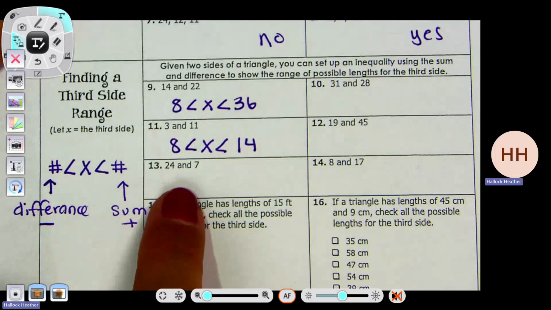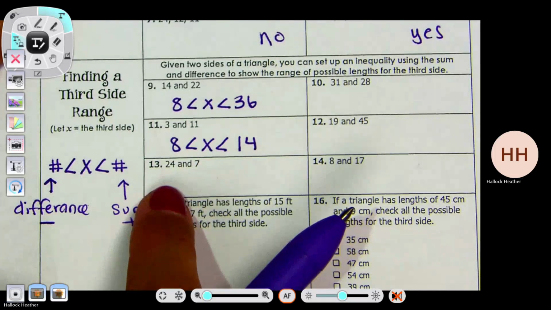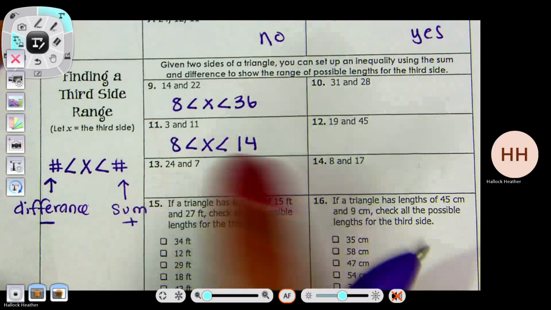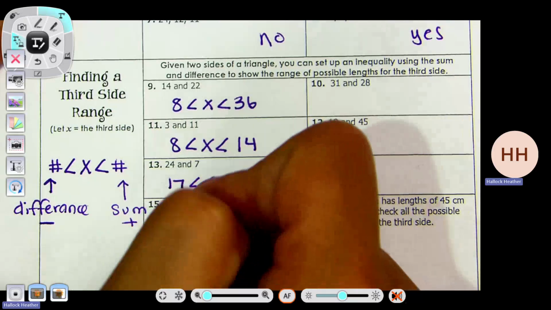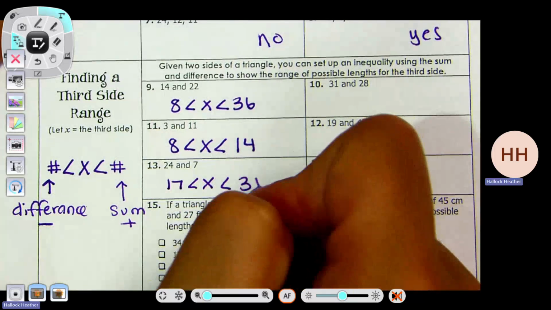Some of you can't subtract, that's fine. And if you add them, how much do you get? Okay, good. Adding is easier than subtracting.